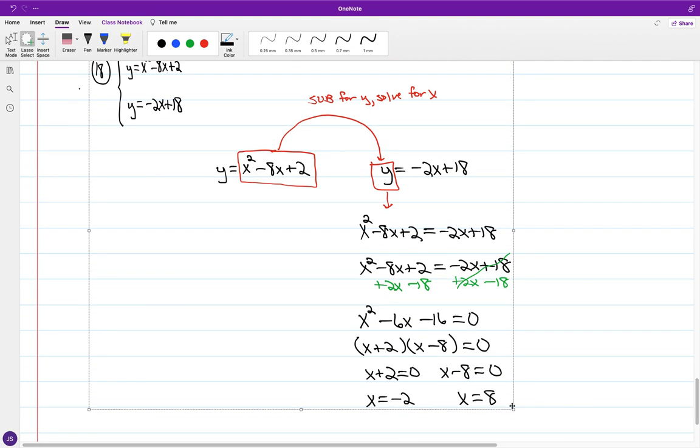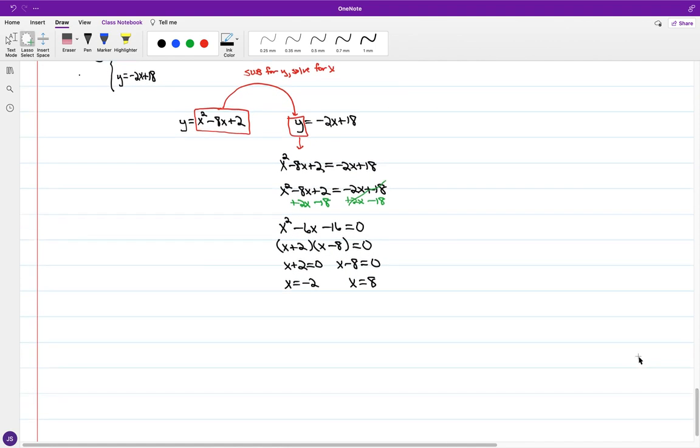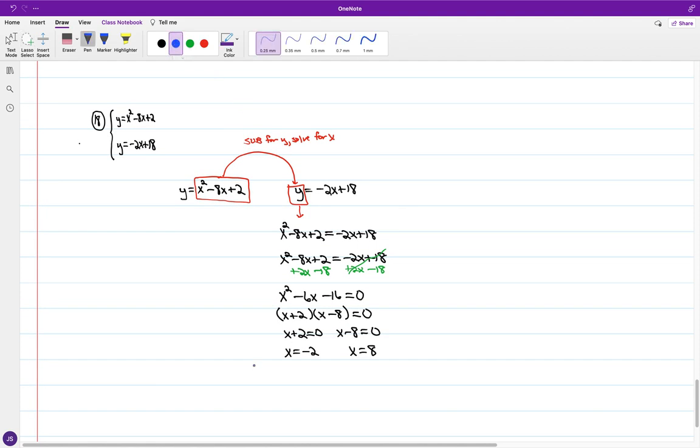In terms of the strategy to utilize in solving for y, just kind of a heuristic: whenever you're looking at solving for the other variable, use the simplest equation, that is, the lowest degree equation.